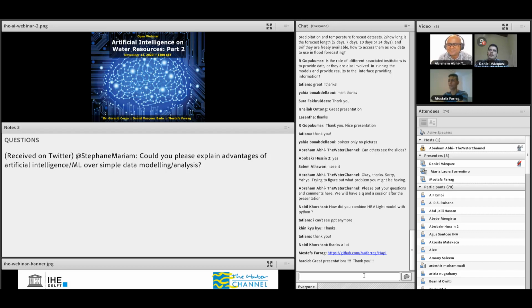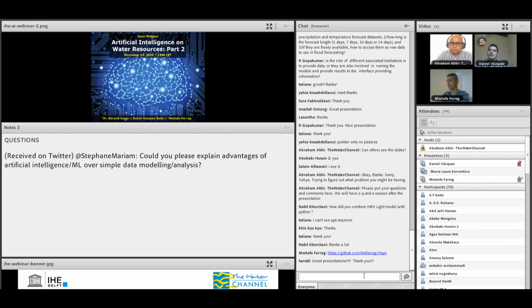Well, that's a hard question, and it mainly depends on the purpose of the model. You cannot say this is better than that. Usually people go for machine learning models because it is faster, but it requires more data, and in some applications you cannot use it because it doesn't have a physical meaning.